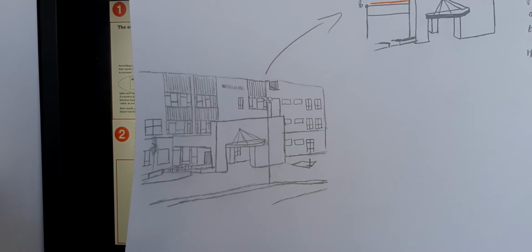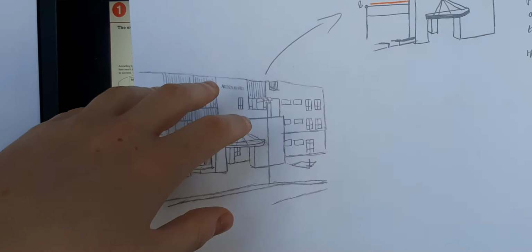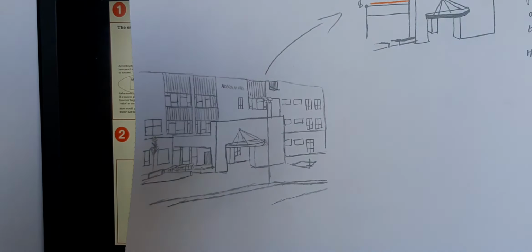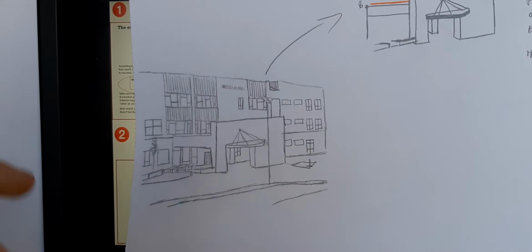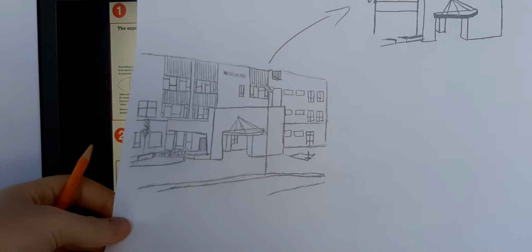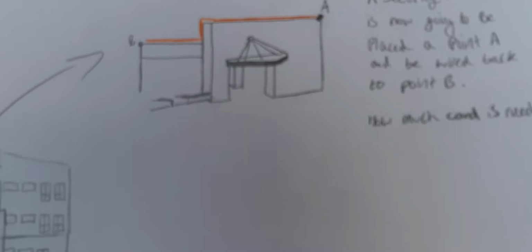The success criteria: I'll tell the students first of all to sketch the Art School of Mar, the school that they are going to be in, and I'll then give them the question.